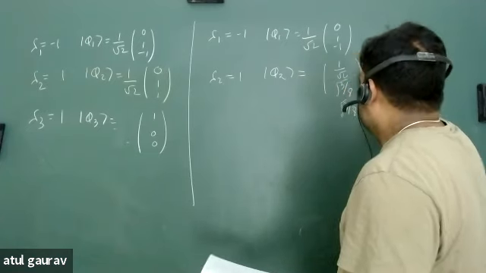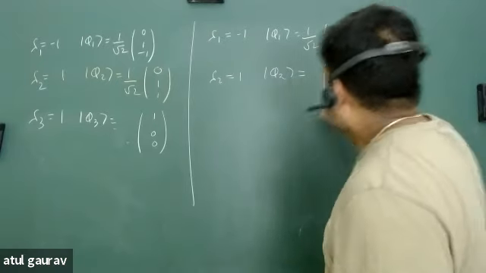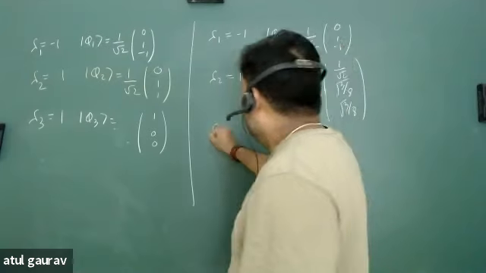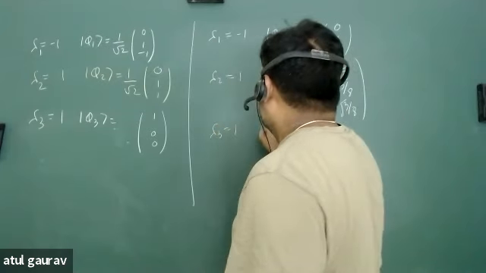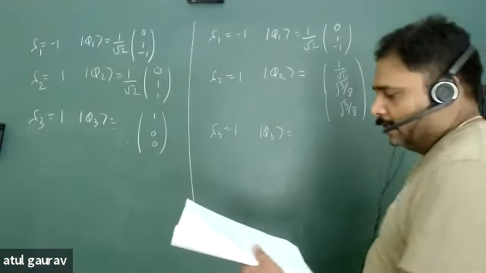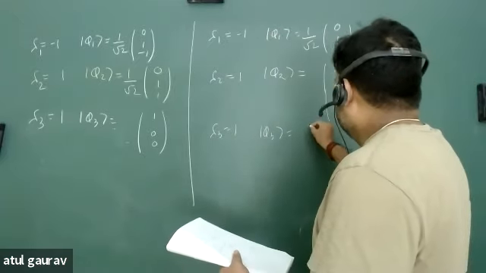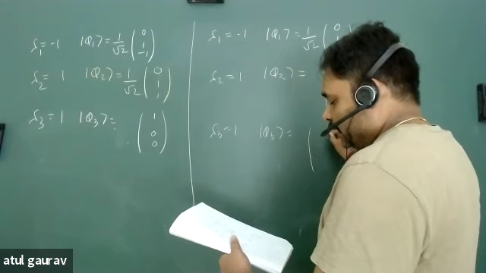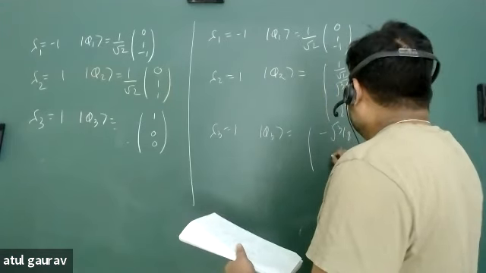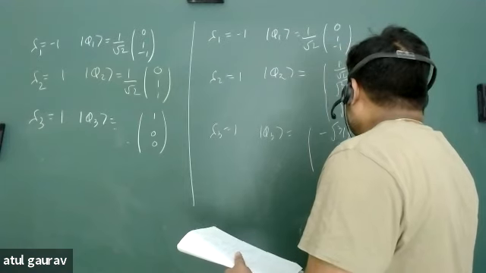You can just do this yourself. And if I have chosen phi 2 is equal to this value, then my phi 3 has to come, and this will be a very interesting one. That will be minus root 3 by 8, and this will be 1 upon root 8, 1 upon root 8.